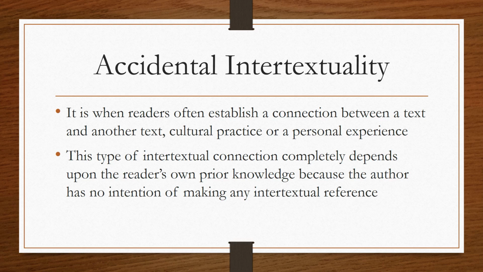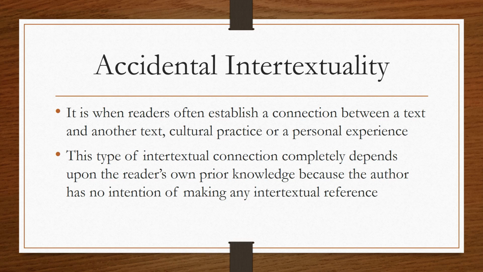So, in the case of accidental intertextuality, it is the reader who all of a sudden, maybe sometimes, connects a text with another text, but no such reference is made in the original text by the author.